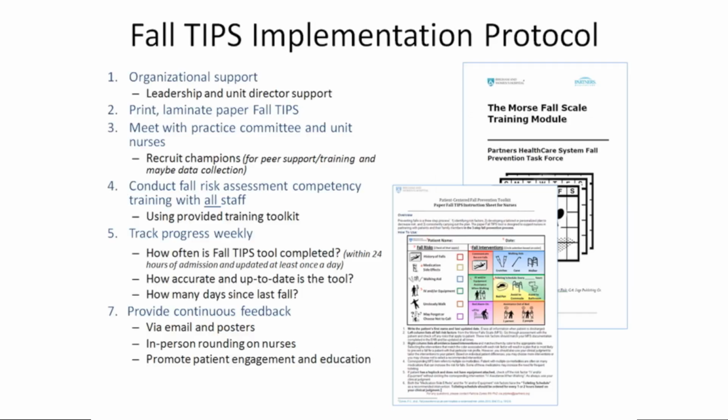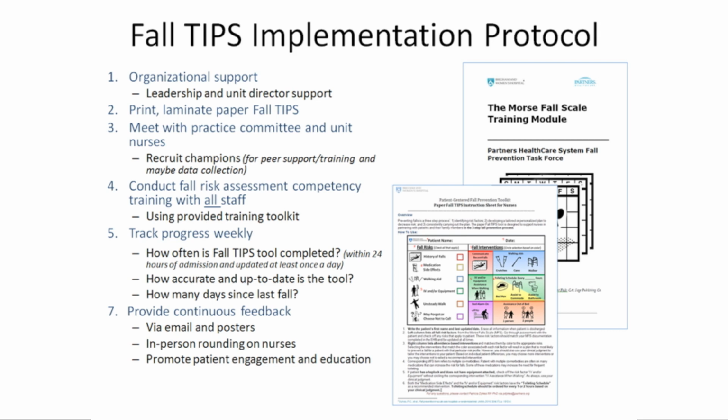So this is a summary of the Fall Tips implementation protocol. We talked about earlier how important it is to think carefully about implementing a new program, that the workflow on acute care hospitals is very complicated and busy, so we need to think through the implementation process and work with all of the relevant stakeholders.